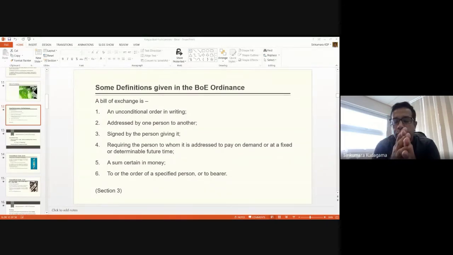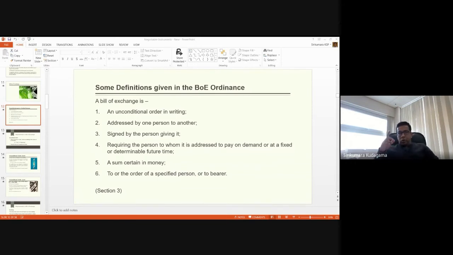And also, we can write the check as pay X or bearer, right? We can let any bearer, any person who brings that check, be the beneficiary of the check. So you will see that in general, a bill of exchange is drawn on a particular party by another party.